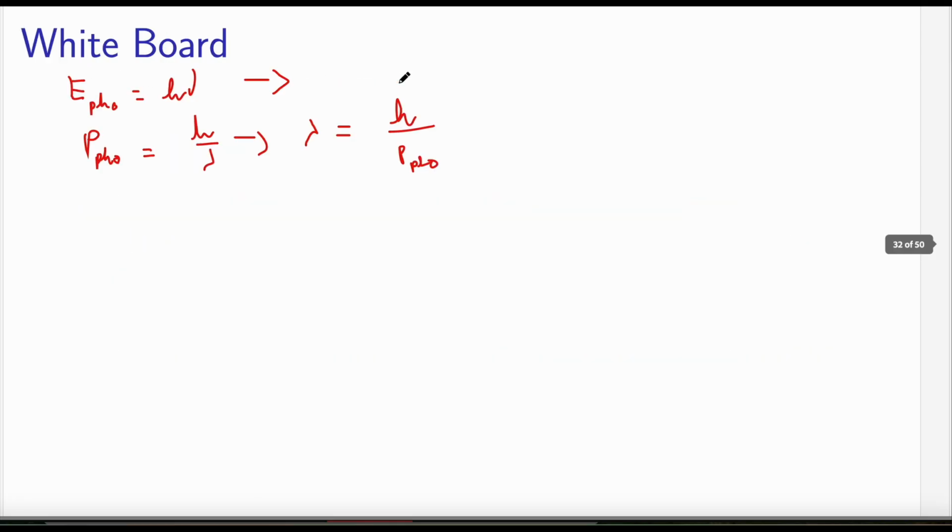How? This is only for photon. This is the relation between the energy of the photon and the frequency of the wave, the frequency of the electromagnetic wave.